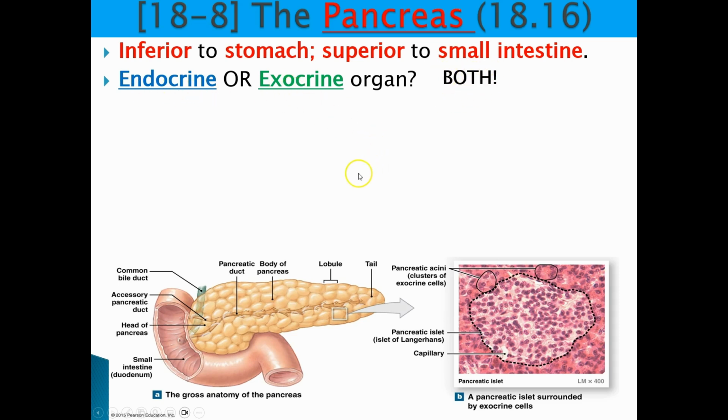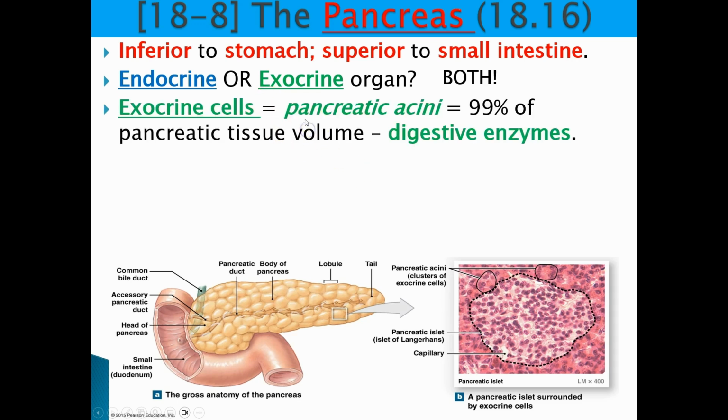So when it comes to the exocrine side, you should know that that's called the pancreatic acini, and that's this darker pink region. And I'm going to bring up histology. To be clear, we're going to be doing a lot of histology. That's going to be the lab portion of the lab exam. So when I mention lab exam content, I really am going to be talking about histology related things and some models.